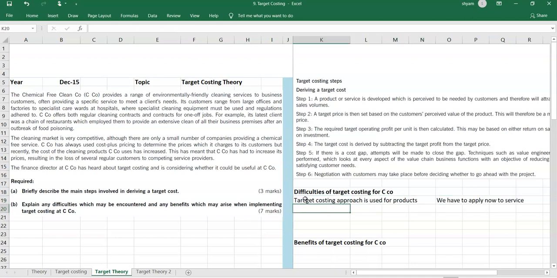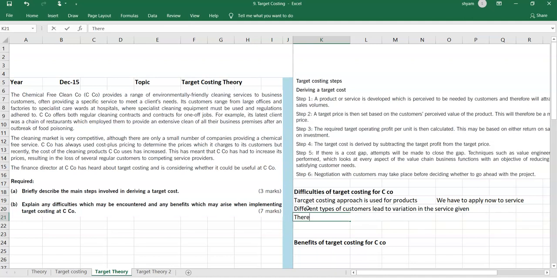The second would be the different types of customers. Why is that a problem? When we produce a product, it's a single, standardized product, but different types of customers lead to variation in the service given.